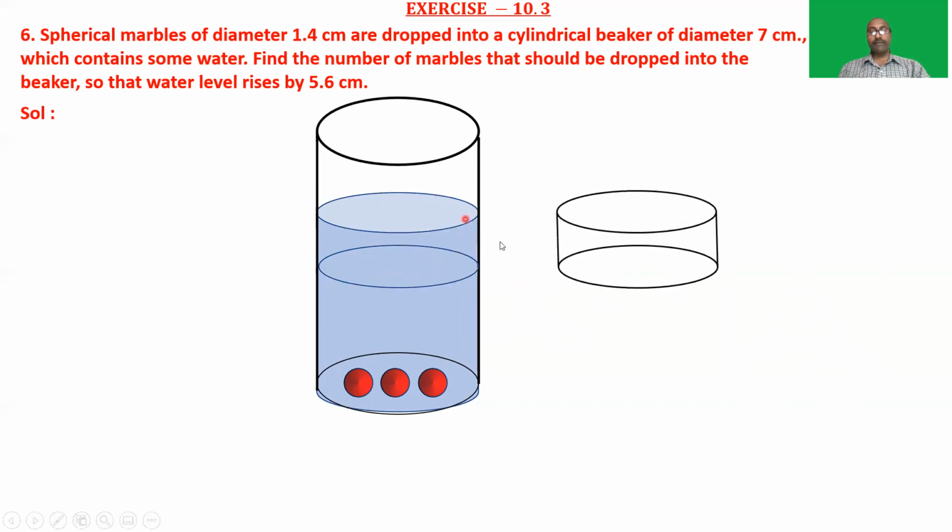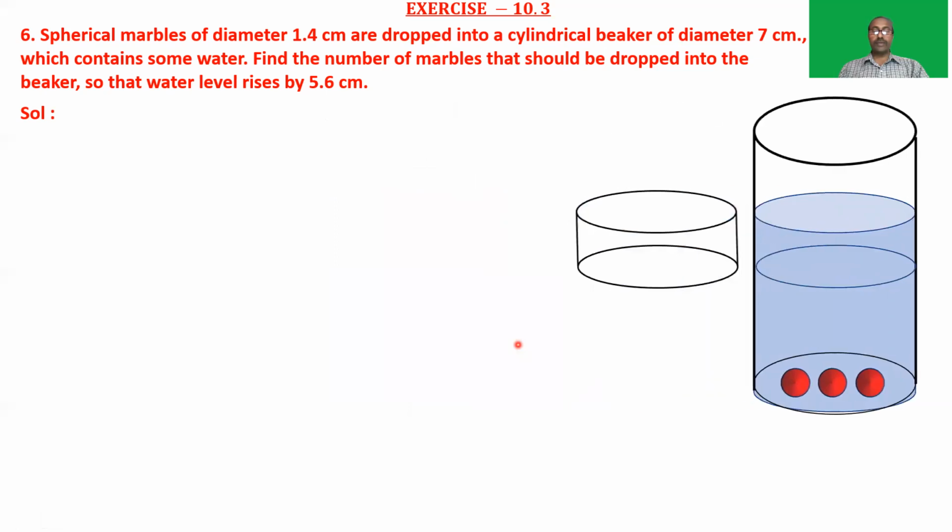So the shape of water rise is also a cylinder whose diameter is equal to the diameter of the cylindrical beaker we have taken, and the height is increased by 5.6 centimeter. Now we have to find the number of marbles that we have dropped into the beaker so that the water level raises by 5.6 centimeter.